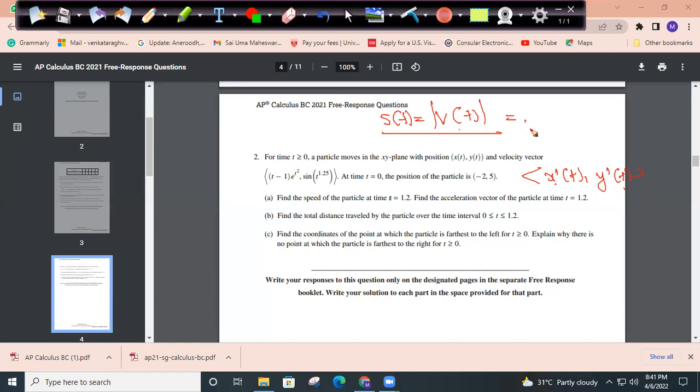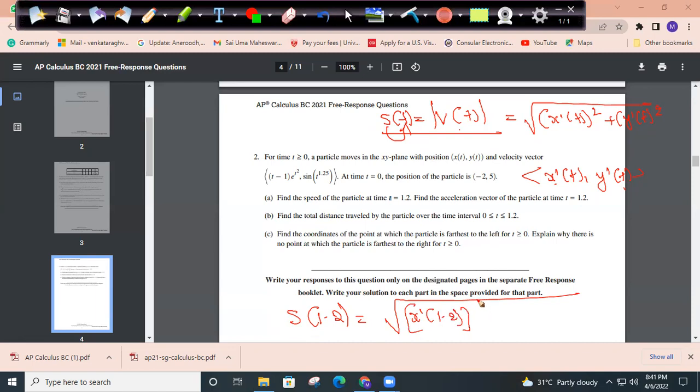So modulus means square root of x dash of t whole square plus y dash of t whole square. This is the speed function, but they're asking me the speed when t is 1.2. So speed at 1.2 is given by square root of x dash of 1.2 whole square plus y dash of 1.2 whole square.